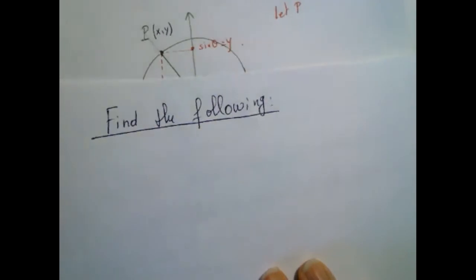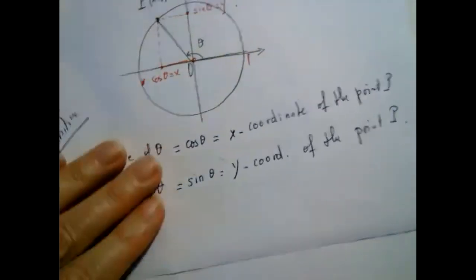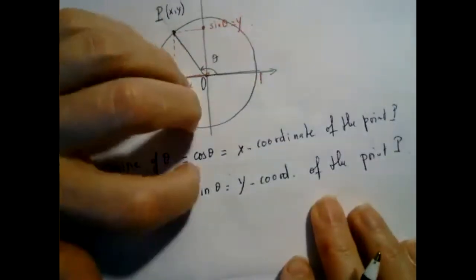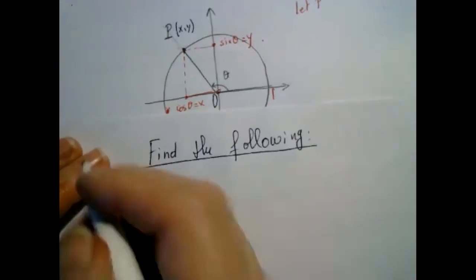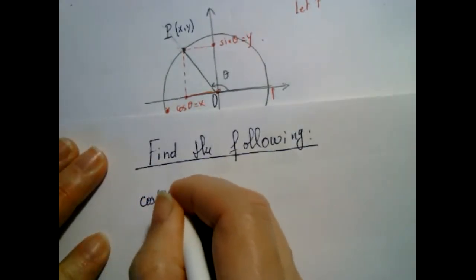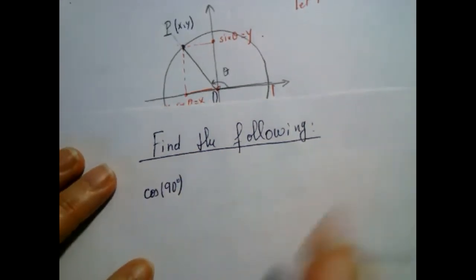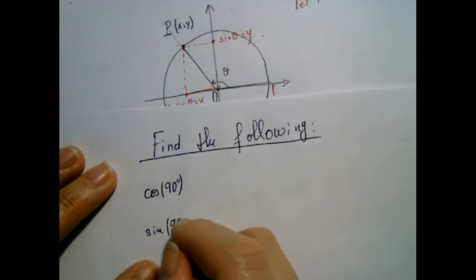We're going to find the sine and cosine of a lot of angles. So that's my definition, and we're going to use this definition to find them. Okay, so find the following: the cosine of 90 degrees and the sine of 90 degrees.